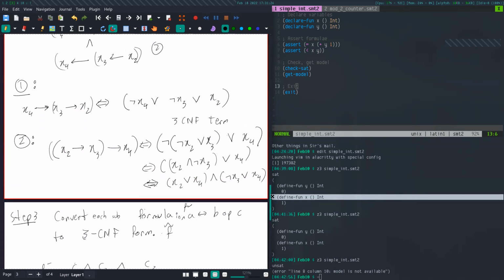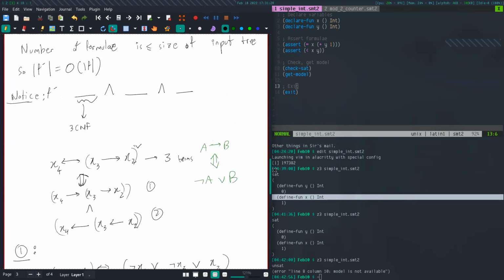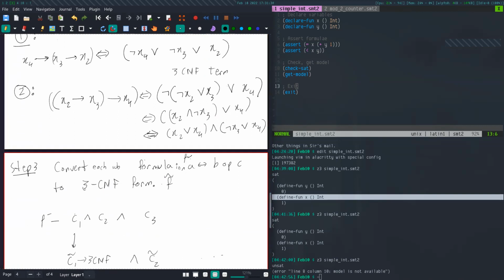Notice one thing: this final step 3 is always going to be a constant time step, because you can just have a table.